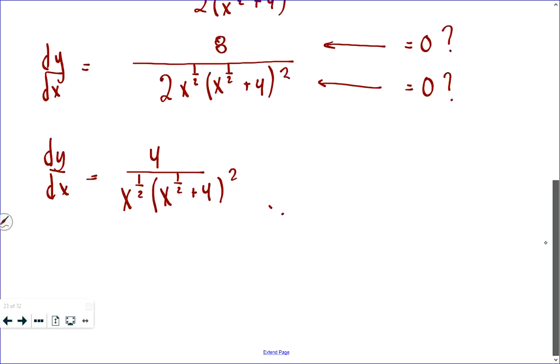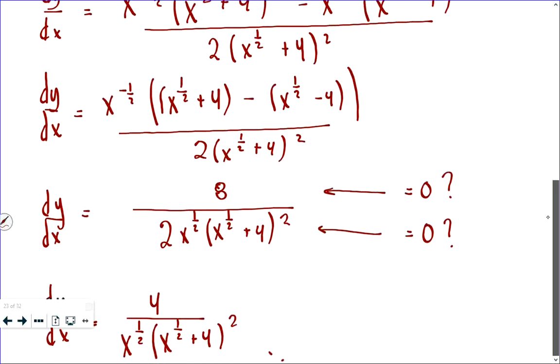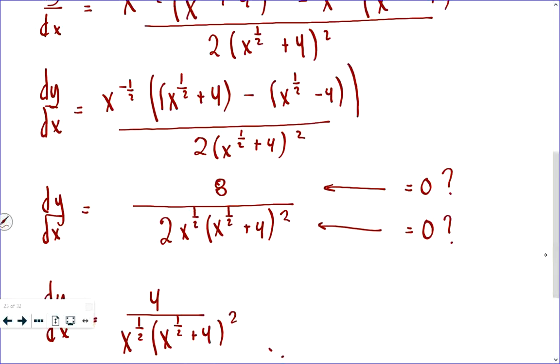I lost my squared someplace along the way, didn't I? It was just in that second last step. So the derivative of the original function is what's at the bottom of the screen.